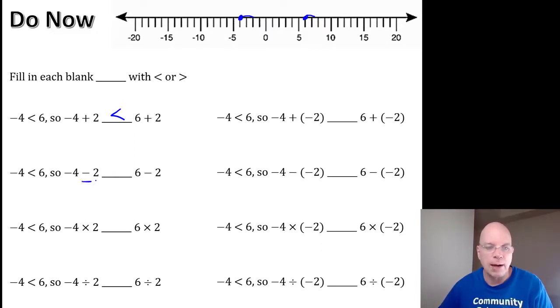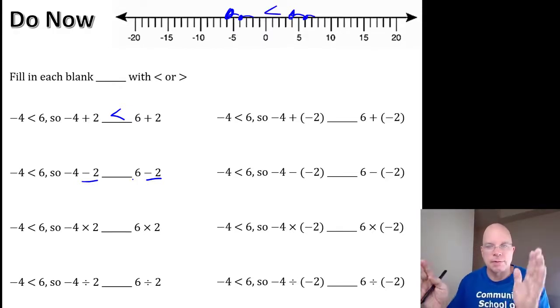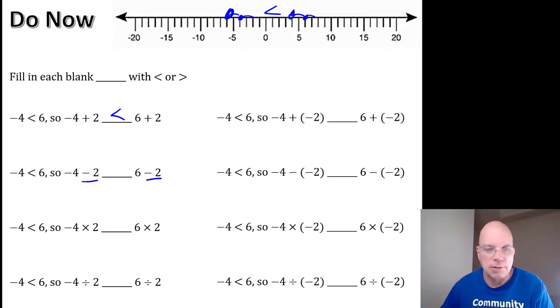The same thing happens when you subtract 2 from both. You start at -4 and go 2 to the left, and you start at 6 and go 2 to the left. Well, this is still less than this. They shifted the same amount to the left, but the comparison would be the same.